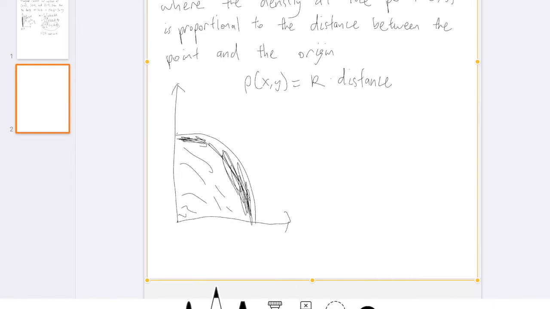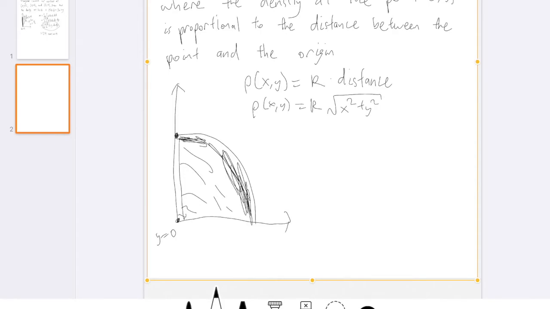Now, the distance is just going to be the square root of x squared plus y squared. That's just the distance formula. And now we can set up our integral. So let's integrate this by columns. So every column is going to start at y equals 0, of course, and then let's figure out what this top y is in terms of x.